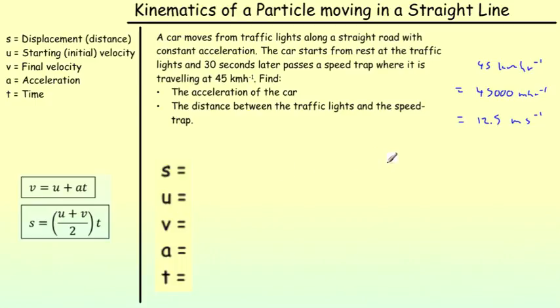Now we can draw our diagram. We've got our car starting here at the lights, and it's moving over here to the trap. And again, we're going to take the positive direction from left to right.